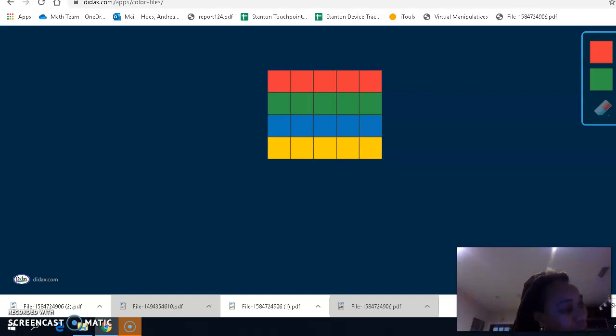So you can put 10 on one side and 10 on the other side. You might have said if you split it across the middle, like how we spread out the rows before when we were using our manipulatives, we can make it half and half. You might have said 2 equal parts would be 2 rows of 5 on one side and 2 rows of 5 on the other.